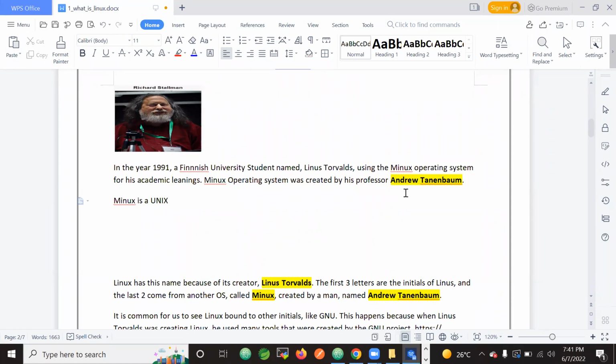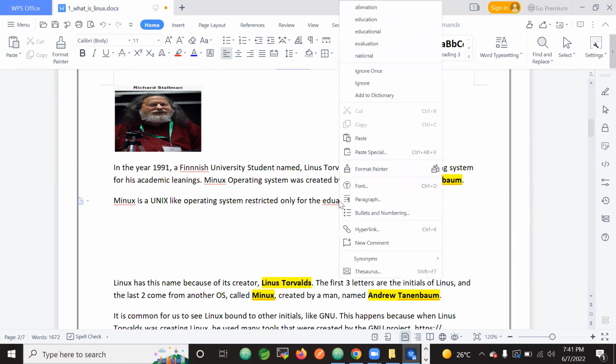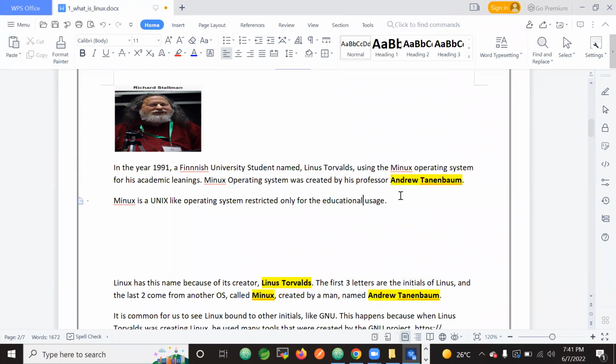The source code was, of course, built by his professor, but it is a Unix-like operating system restricted only for educational usage.